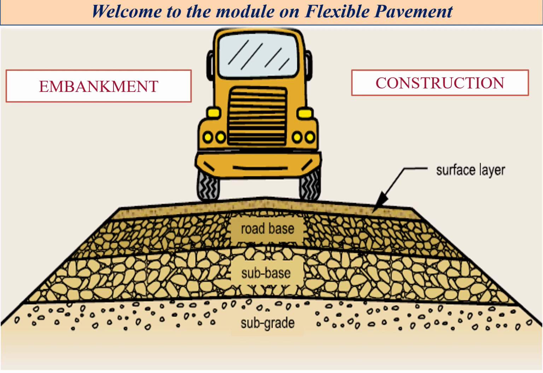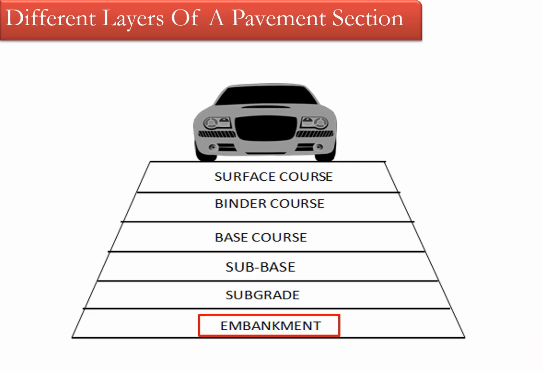After embankment, you get subgrade. Over subgrade, you have subbase, then road base, and then the bituminous layer. These are the basic structures of the different layers of a pavement section.